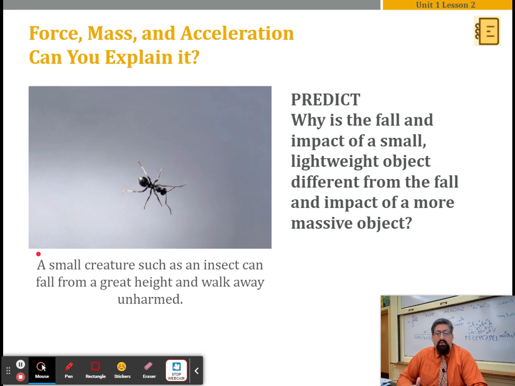For example, why can an ant or a spider fall from a great height and just walk away without being killed? Ants can fall from many times their own height and not be injured, whereas a person or a larger animal would be injured. So let's think about that.